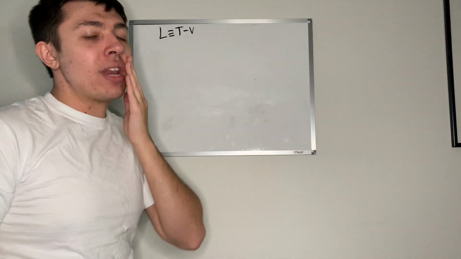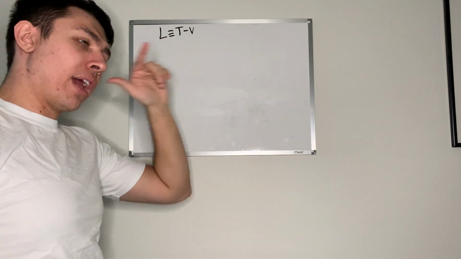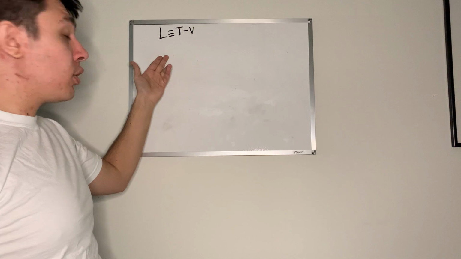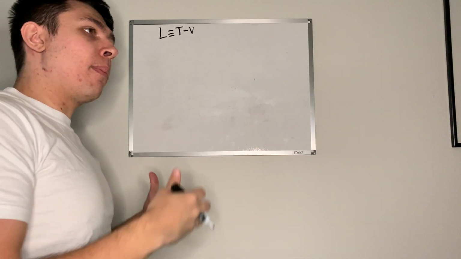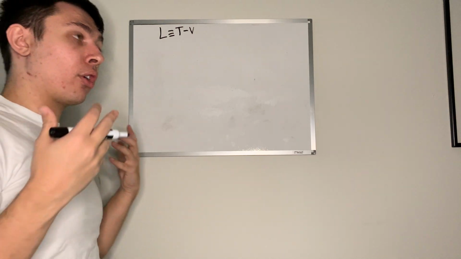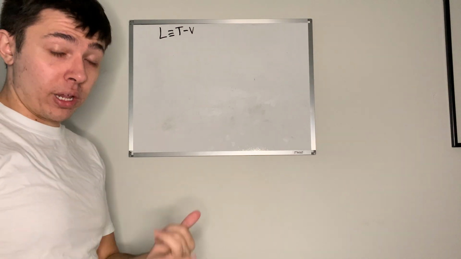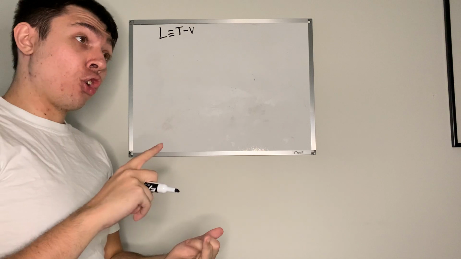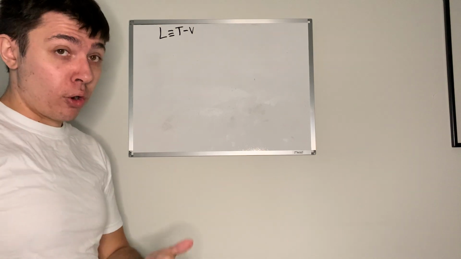And so naturally, you're going to wonder, this is a function you tell me? What is it dependent on? In modern textbooks, you will see that the Lagrangian is dependent on your coordinate, which is changing over time, and your time.